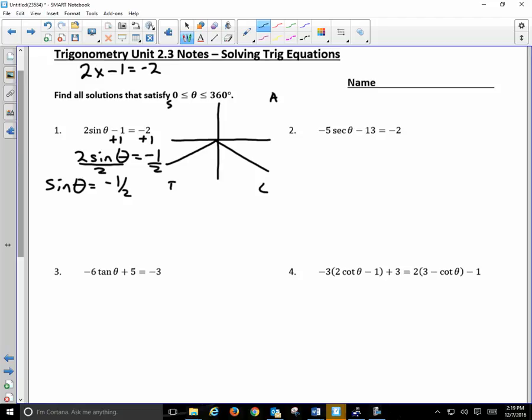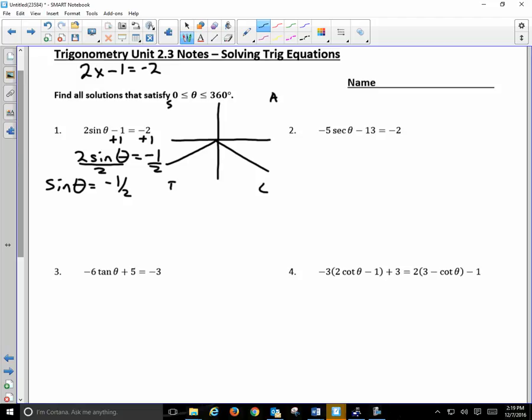So I draw little angles in the third and fourth quadrant. Sine says it's negative. Everything's positive here, and sine's positive here. That means I have a solution in the third quadrant and a solution in the fourth quadrant.